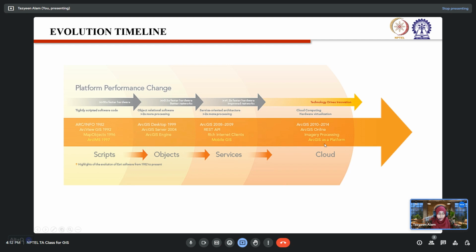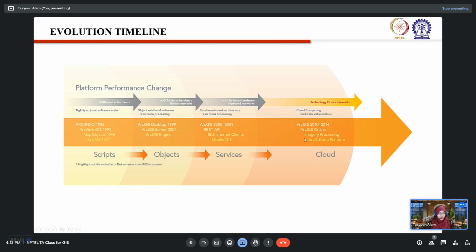Finally, what we have right now is that the scripts, objects, and services have evolved into cloud service. So in 2010 to 2014, we had an upgraded version of ArcGIS, and ArcGIS further went online. Then we had imagery processing, and we also got ArcGIS as a platform.